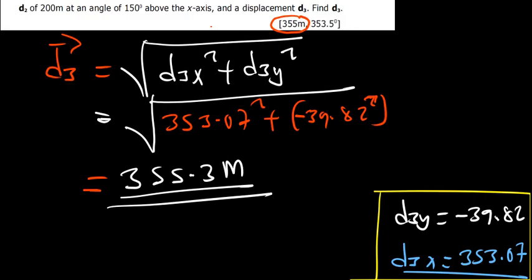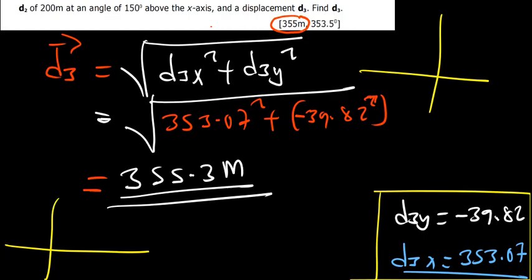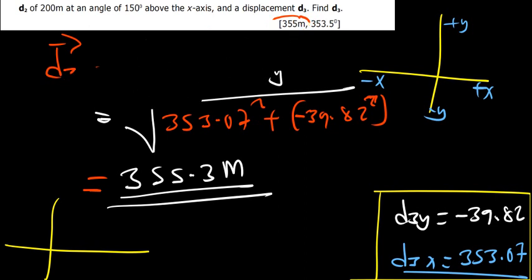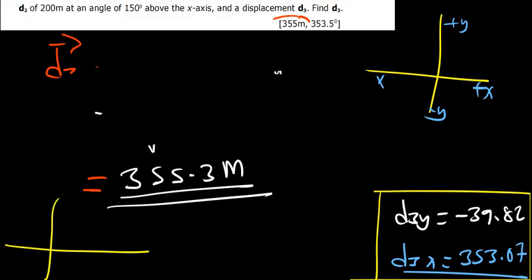If this is my xy plane, this is my positive x, this is my positive y, this is my negative x, this is my negative y. Get me clear there? I put this D3 here.